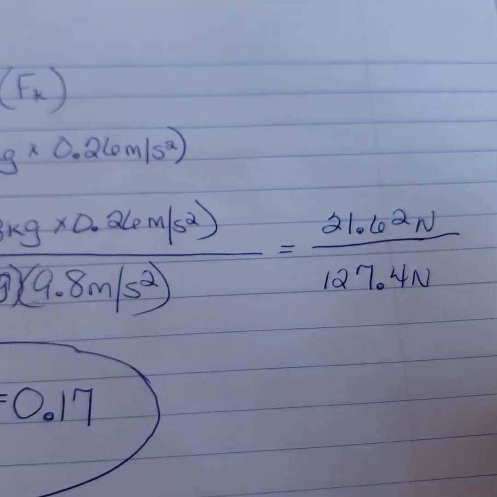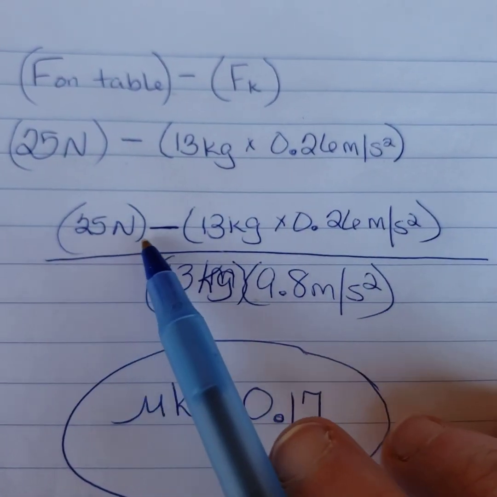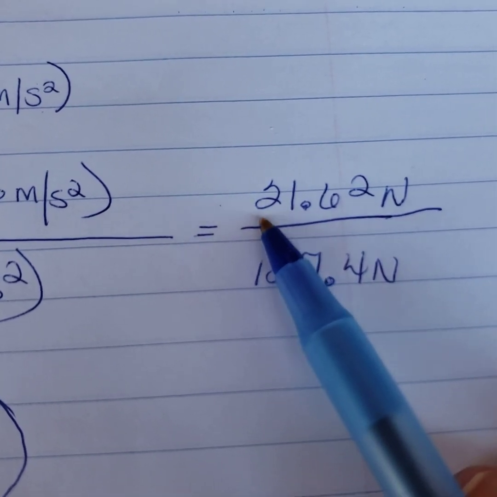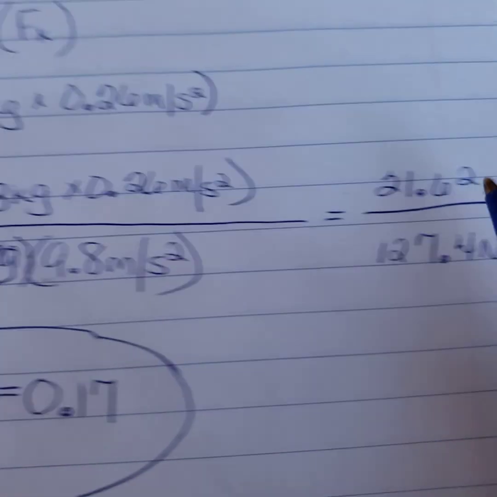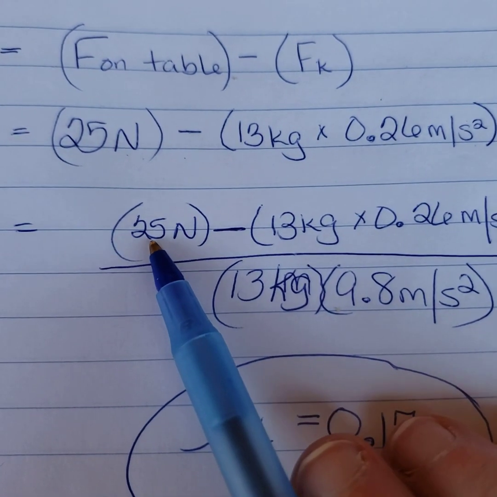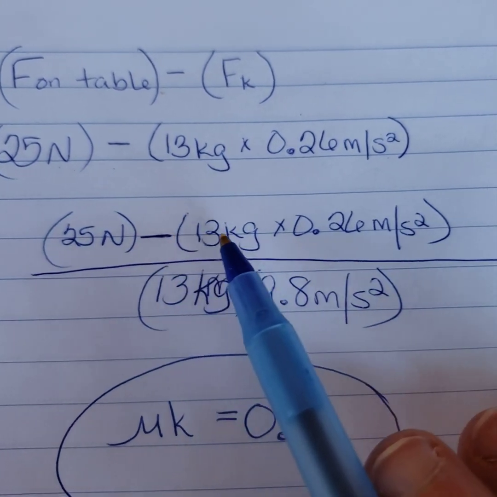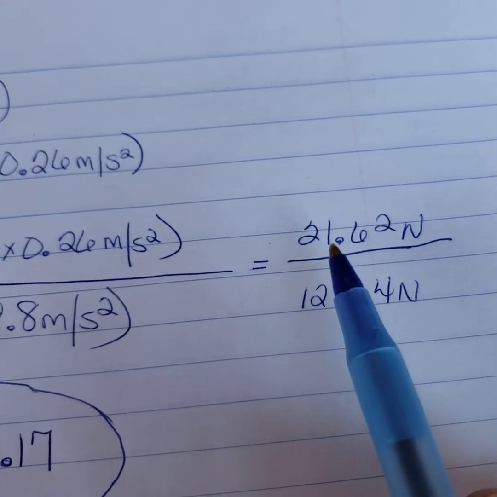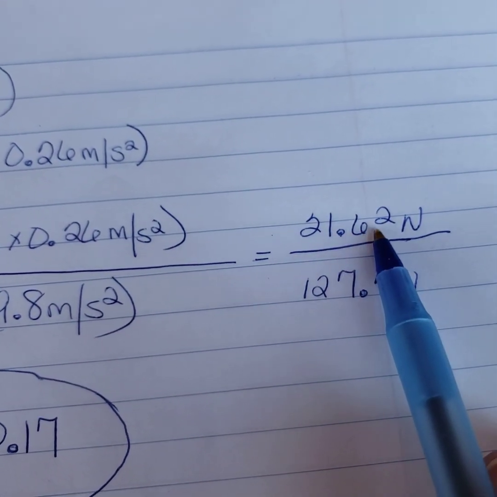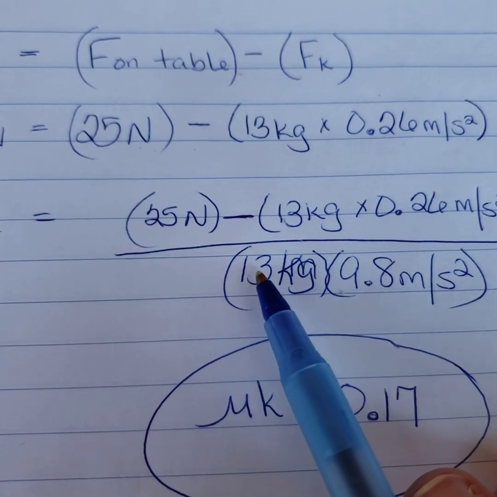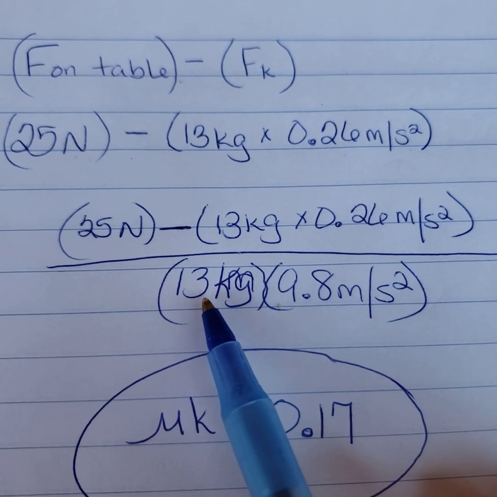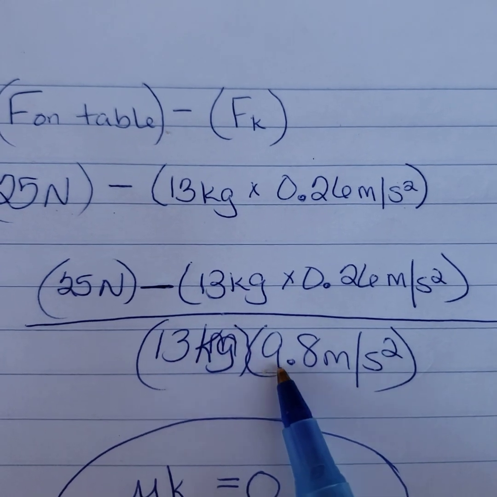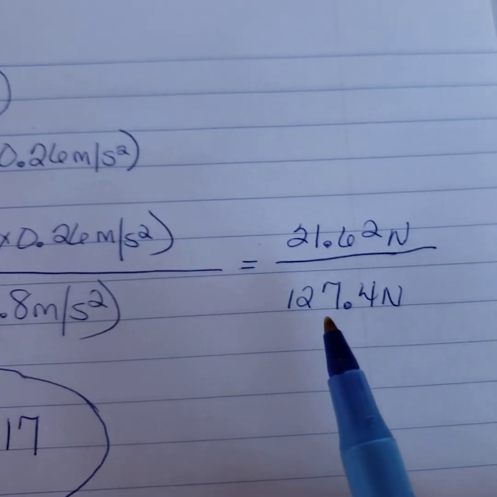So let's see. If I do this calculation on top first, I come up with 21.62 newtons. And that's my applied force of 25 minus my horizontal force, the 13 times 0.26, and that'll give me 21.62 newtons. I'm going to divide it by the weight, and the weight is 13 kilograms times the opposite of gravity, 9.8.